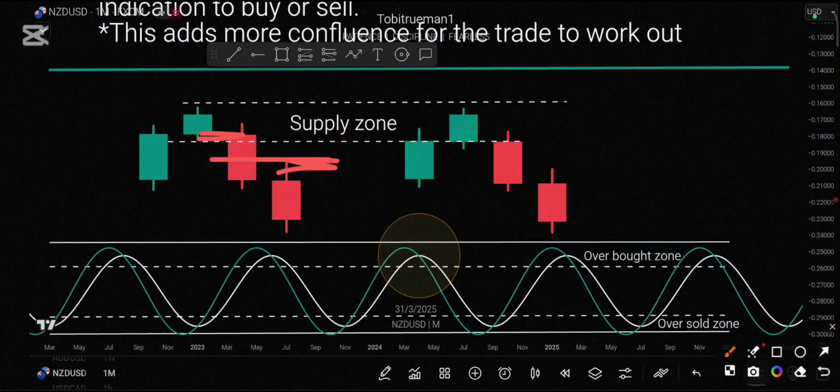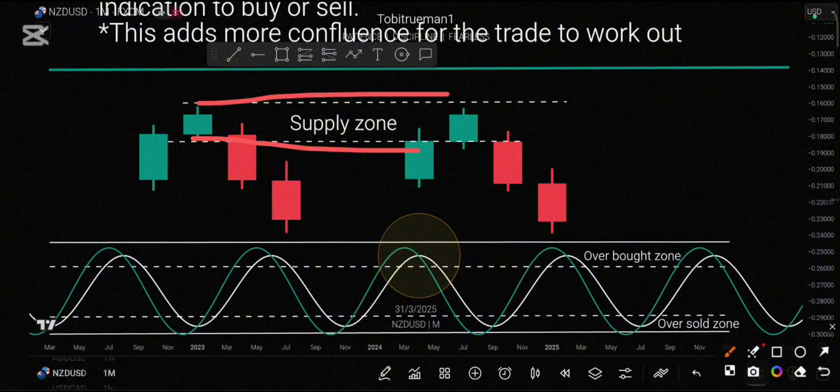When we switch to a lower time frame, maybe from the daily to the 4-hour, and price gets to that place, or even without switching, we see that this is a supply zone on the daily. We wait for price to get here.